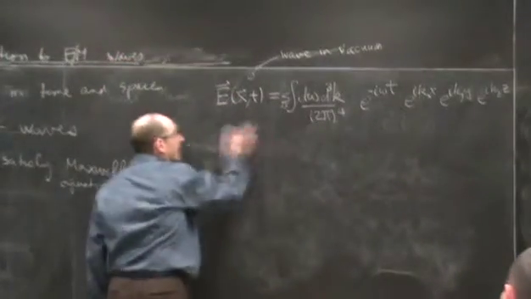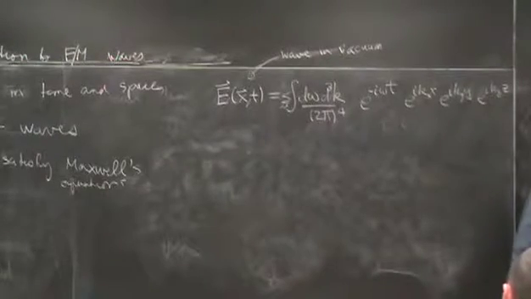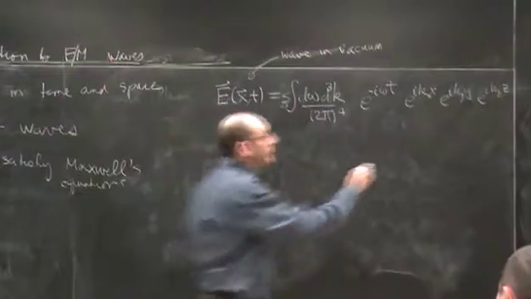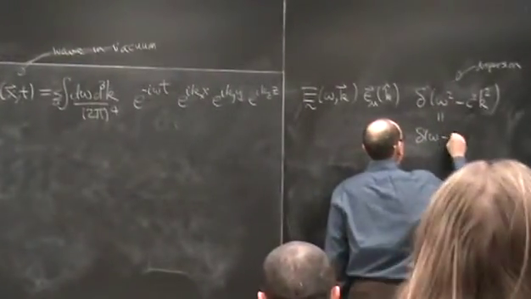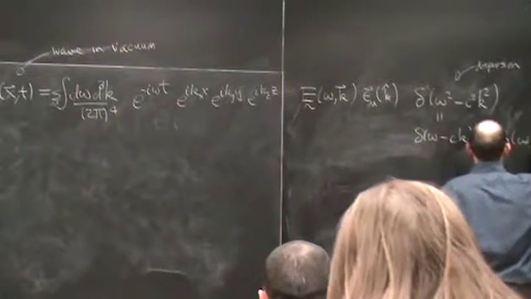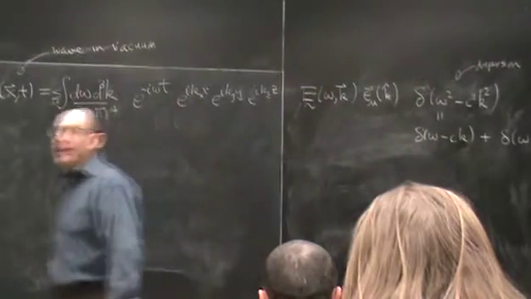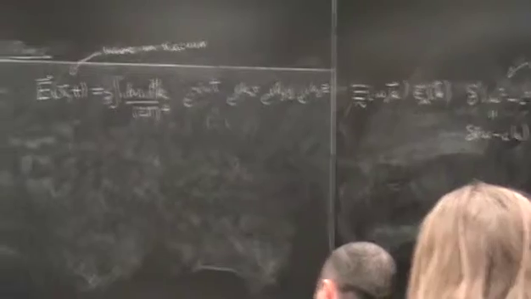Let's just look at E and B, as written. The delta function has two roots, omega equals ck and omega equals minus ck. They correspond to waves propagating in different directions for a given k vector.